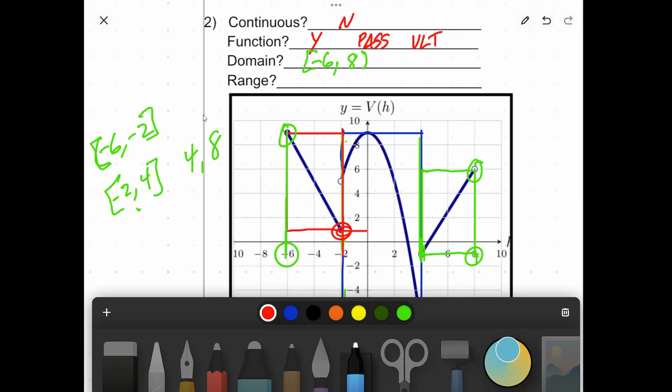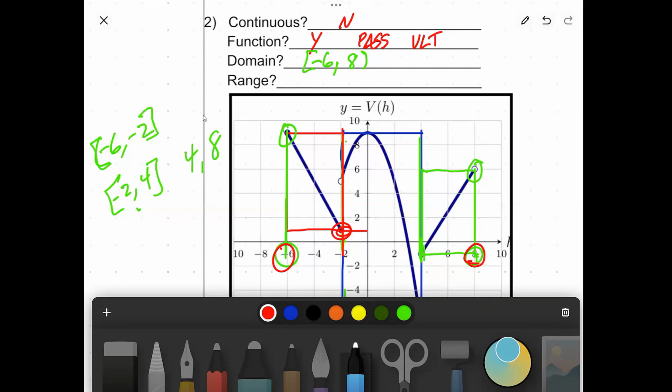So if every input within the -6 to 8 interval gives me an output, that's a valid X value, and it should be in my domain. So in this case, even though this is not continuous, there are still no gaps between -6 and 8, which is why I can still use that interval notation.